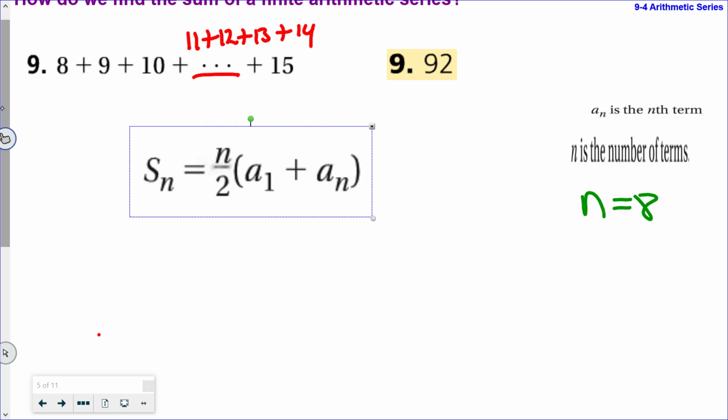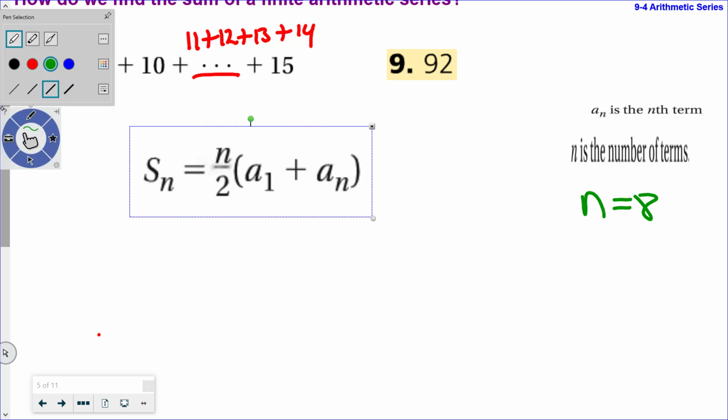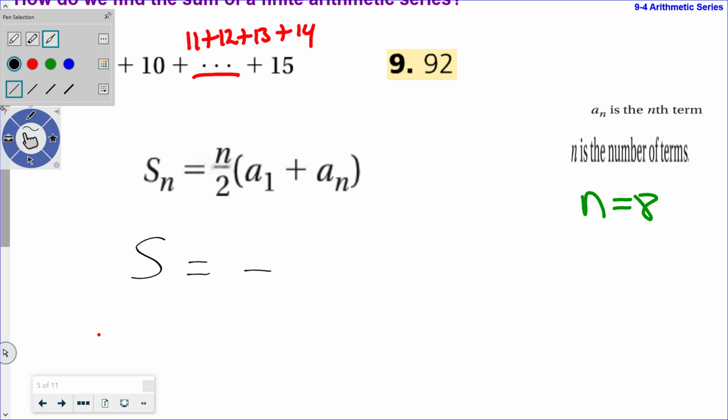Wherever we see an n, we replace it with 8 because n equals 8. The number of terms equals 8. So S subscript 8 equals n over 2 times a subscript 1 plus a subscript 8.